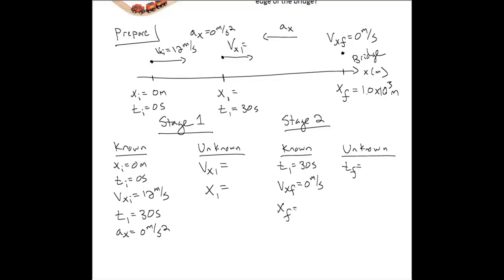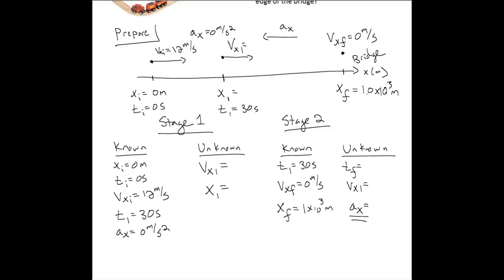We know the final position, 1 kilometer. We don't know what the initial velocity vx1 is at the beginning, and we don't know what the acceleration is during this period. And what we're after at the end of the day, to answer the question, is what this acceleration is. So that's what we're going to be looking for, but for now, we think we're going to need to know some of those other things as well.